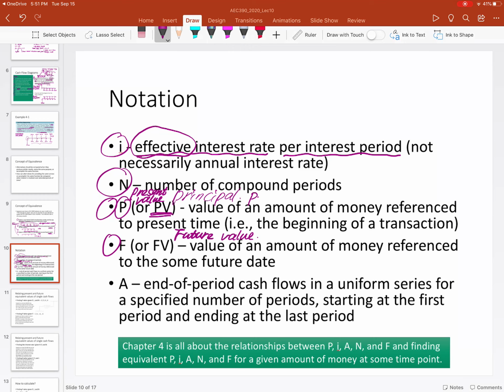Okay, so you can convert the cash flows to a future time, like the end of your project. That is also a single equivalent value of the cash flows, and that is also something you can compare to the other projects if you convert all the projects' cash flows into the future value. Okay, and as I said, you also can convert the cash flow into something called annuity, which is the same uniform amount occurring at the end of each interest period. Okay, so A is annuity.